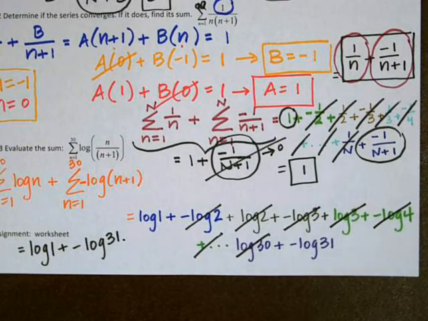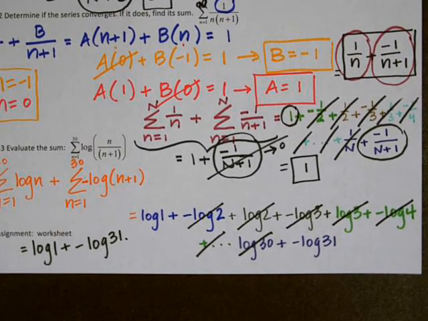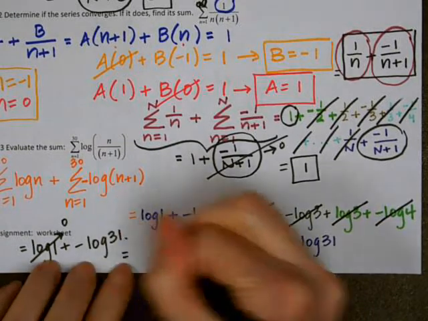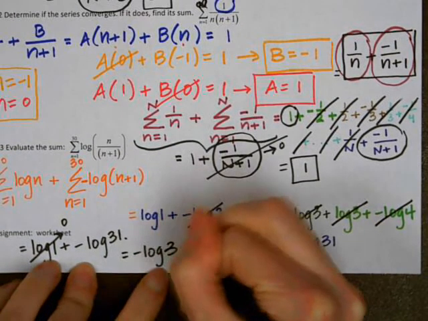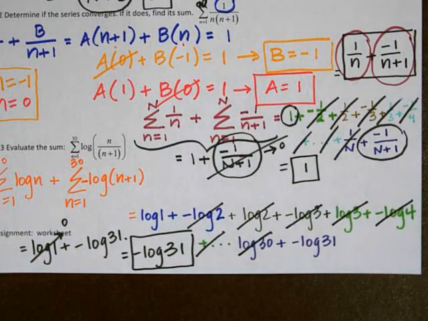I think I might have said 30. I meant 31. But let's clean it up a little. Log of 1 we know is 0, so the answer is just negative log 31. Okay, that's the sum of that series.